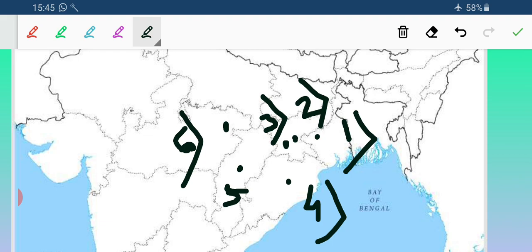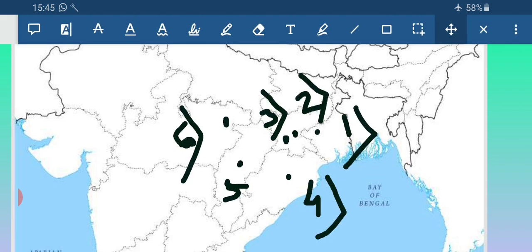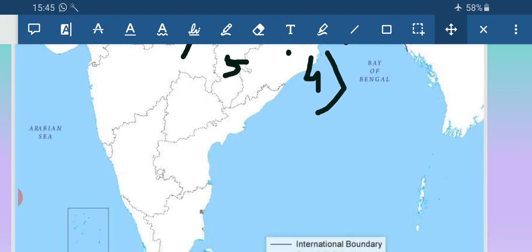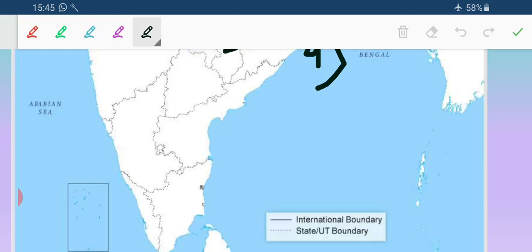And lastly, in southern India, we are having 2. Number 1 is there where the junction of Telangana, Chhattisgarh and Andhra Pradesh is, that is Singarani.